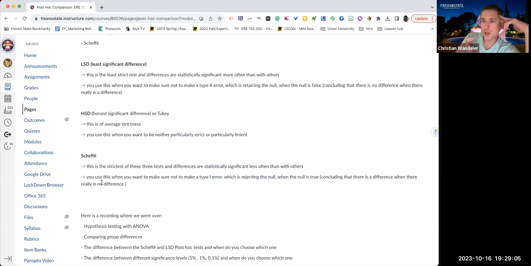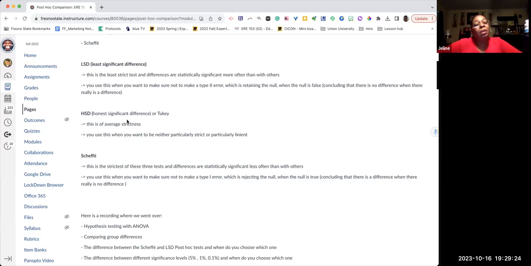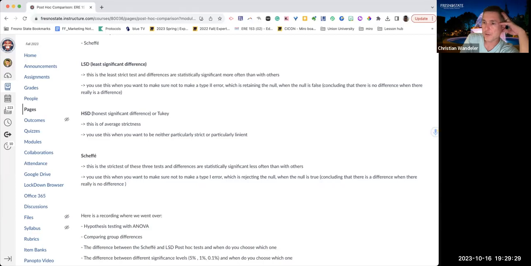That doesn't change. But the calculated value, in this example, I just made this up, would be 0.03 with LSD, and it would be 0.06 with the Scheffe, and the HSD will be somewhere in between those two, right? Now, you're asking a good question, Jeline.